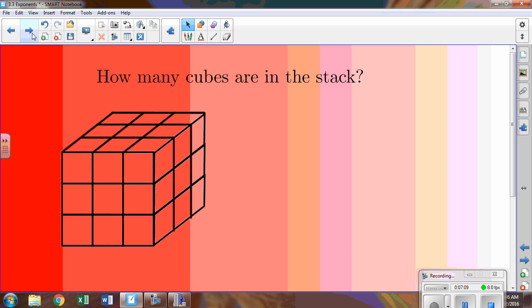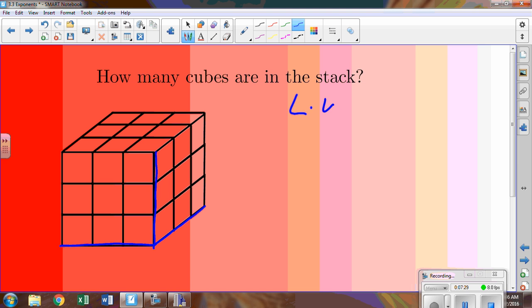We also want to have an understanding of how these get used. For instance, how many cubes are showing up in this stack? We know that volume is length times width times height.